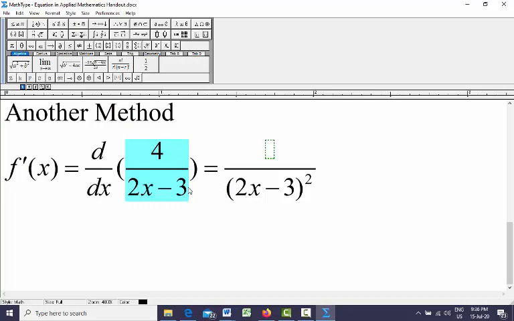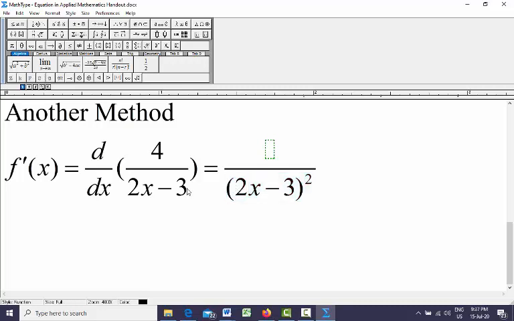When you apply the rule of division for differentiation, whatever you have in the denominator, you just square it. That means we have 2x minus 3 in the denominator, and we will square that one. This is the rule.